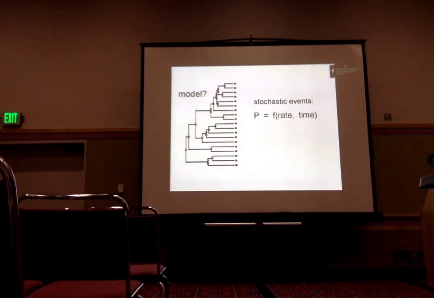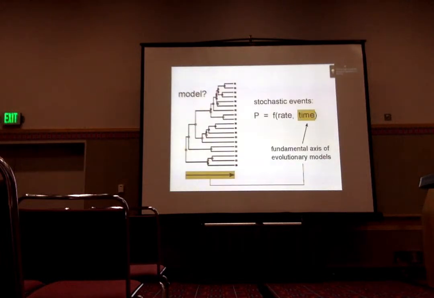So typically what we're doing is integrating these transition rates over time to get the probabilities of ancestors and descendants, and that allows us to calculate the likelihood. And the point I want to emphasize right here is that time, I think we would all agree, is this fundamental axis of evolutionary models. So the extent to which an evolutionary model gives you inferences or answers that have no dependence on time or make no reference to time, you can judge for yourself how useful that is.